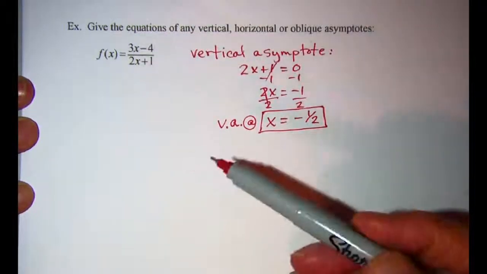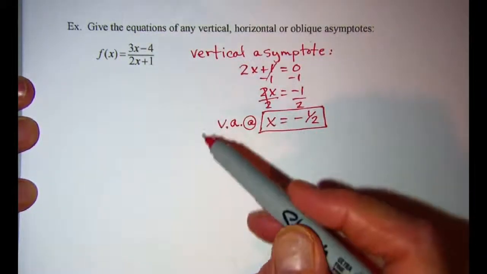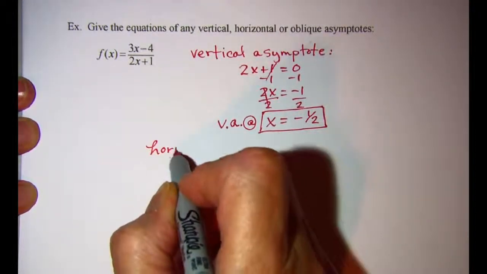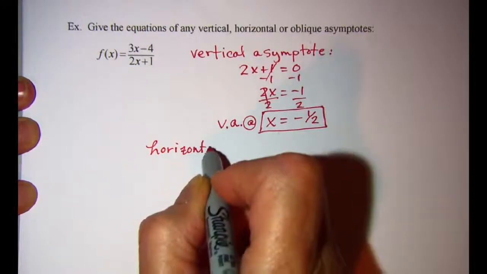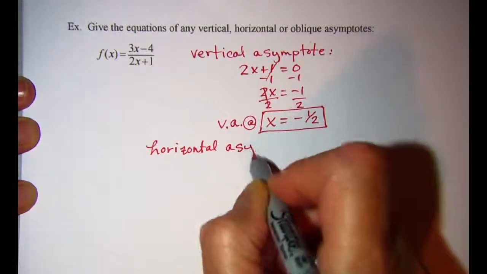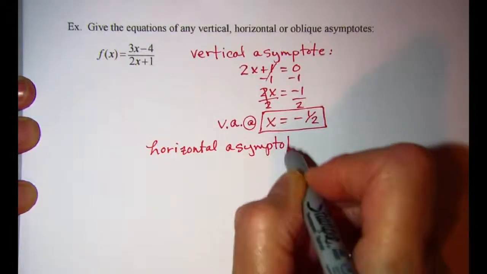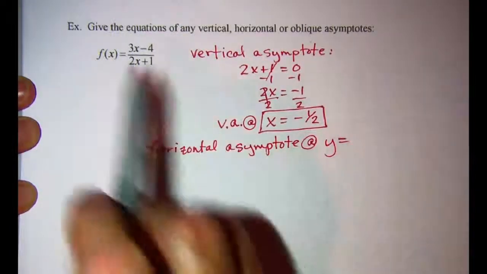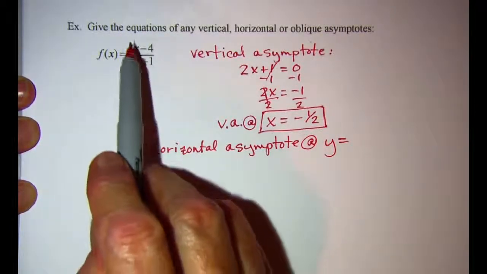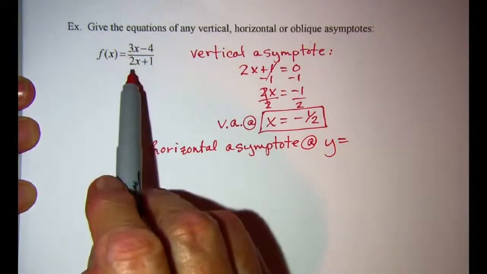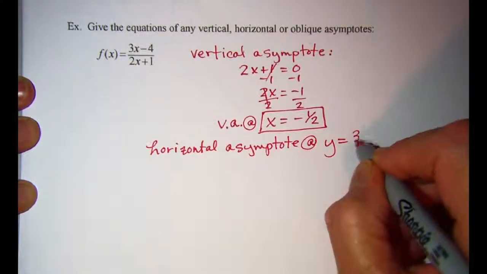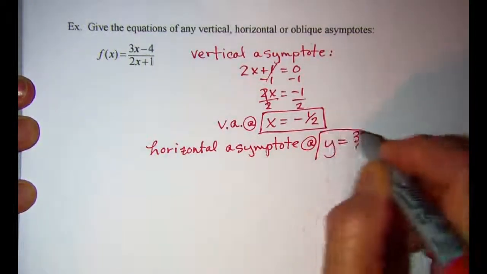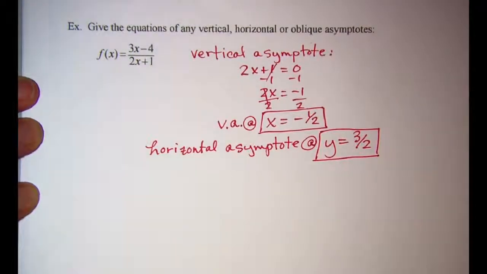So whenever the degree of the top is equal to the degree of the bottom, then you have a horizontal asymptote at y equals, and all we want to do then is grab the lead coefficients, 3 over 2. So y equals 3 over 2, the horizontal line through 1.5 will be my horizontal asymptote.